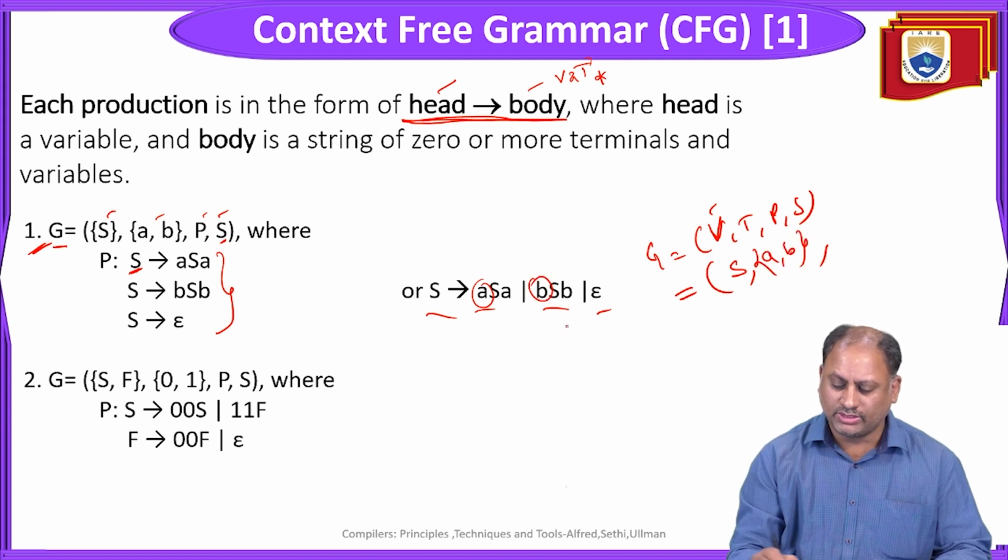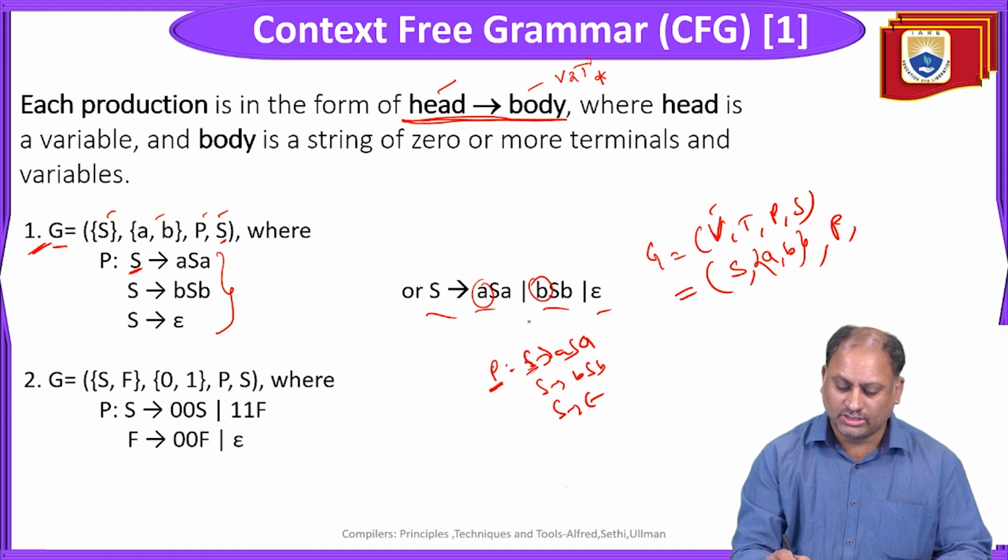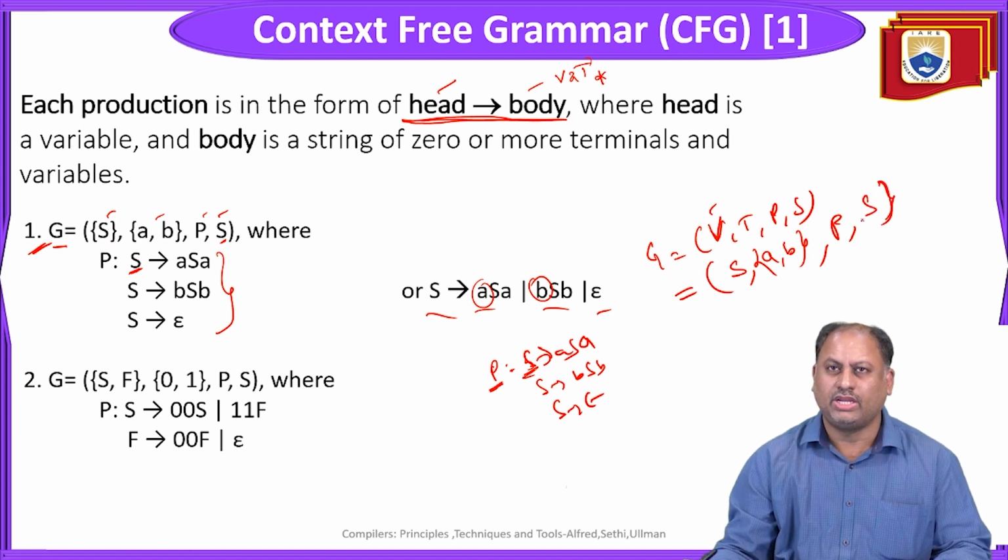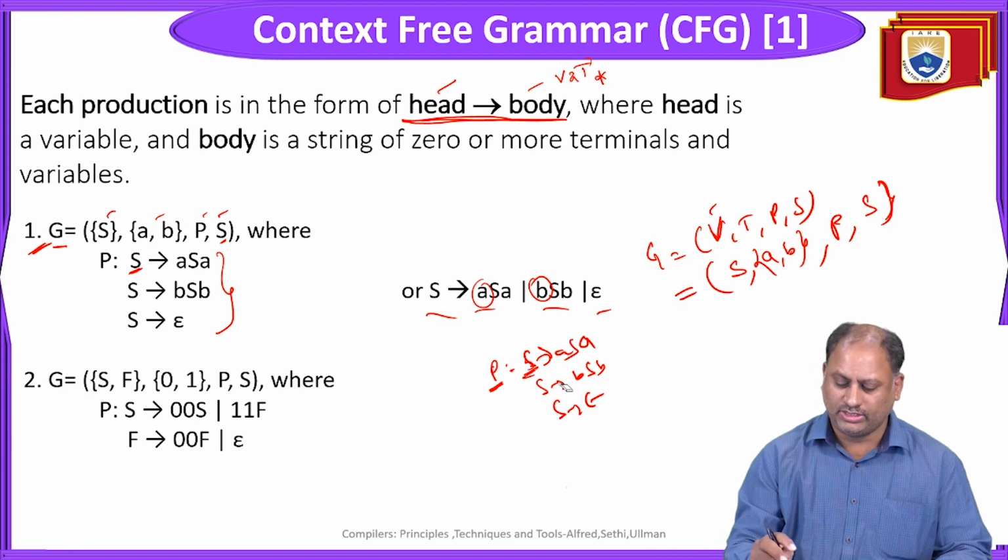The productions are S derives ASA, S derives BSB, S derives epsilon. That is P. And the start symbol for these productions is S. This is the way we write a given grammar.